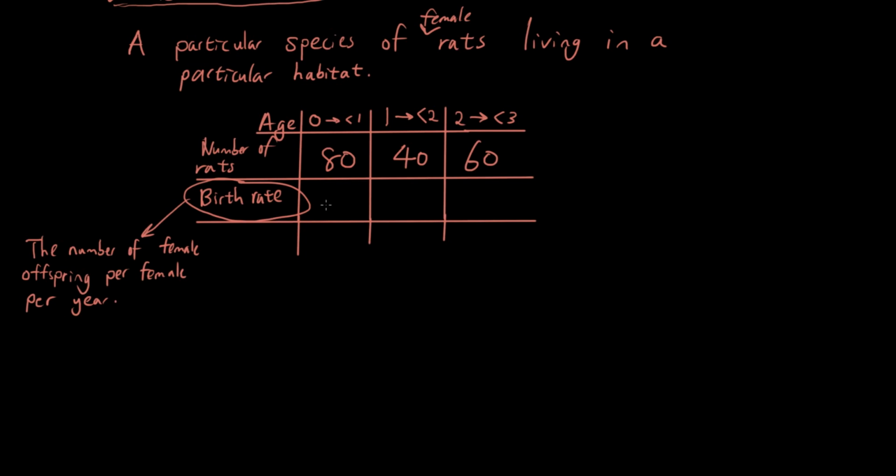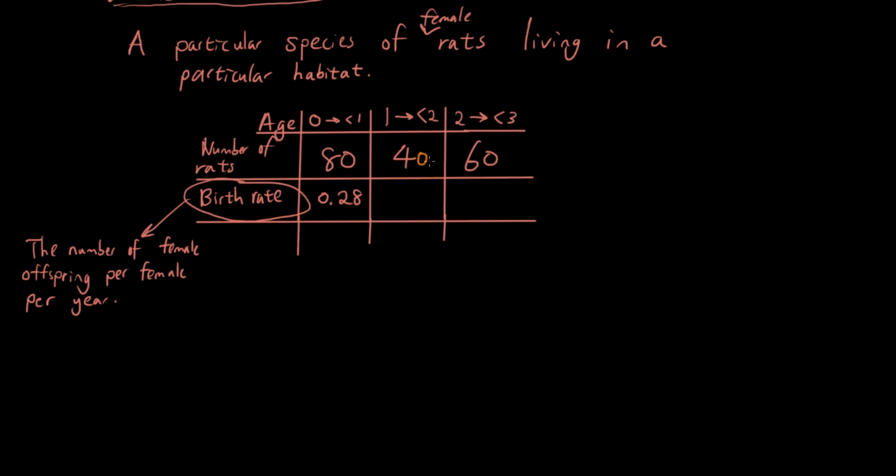And the answer, let's say, is 0.28. You can also think of it like this: out of the 80 females, 28% of these females will give birth to a new child rat.